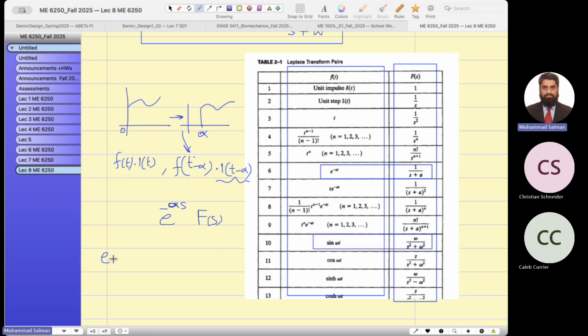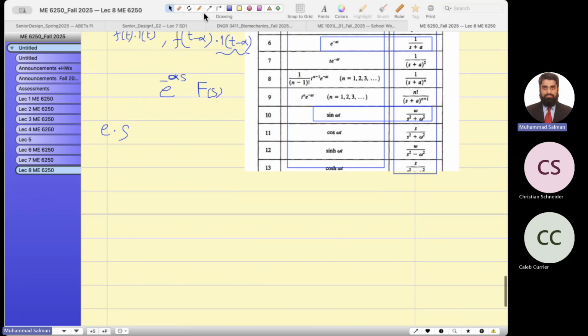For example, if I ask you to find the Laplace transform of sine omega t delayed by 2 units, first of all you look at the Laplace transform of sine omega t. What is that? F of s is omega over s square plus omega square.